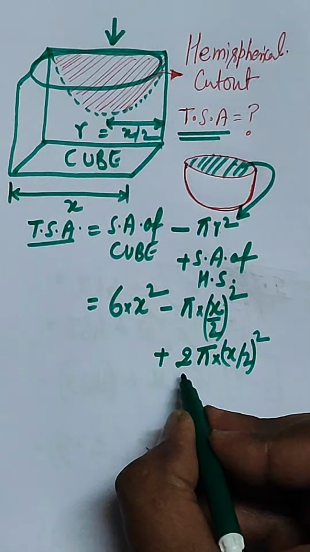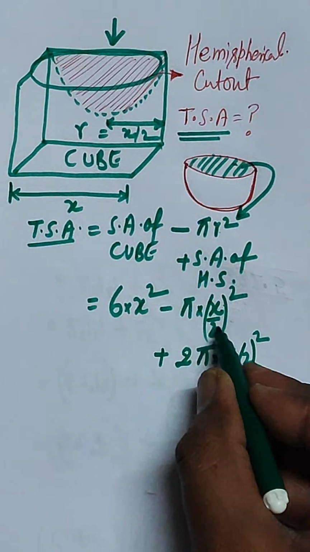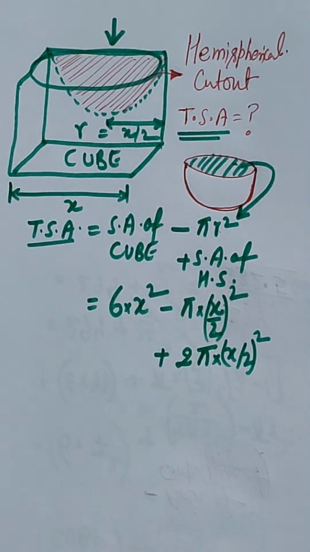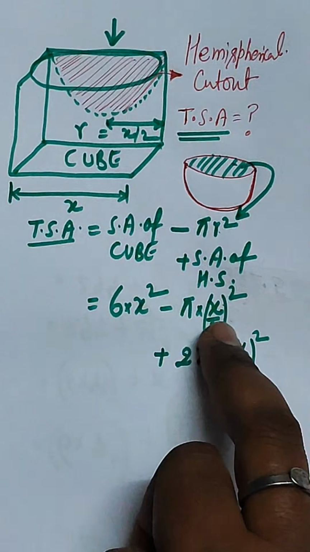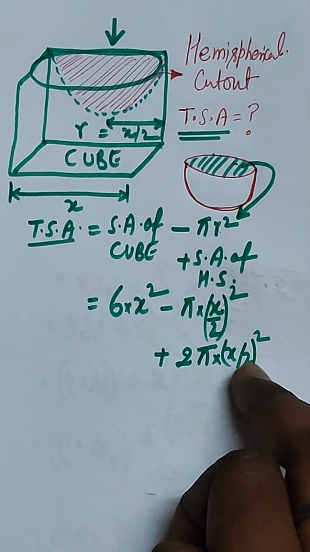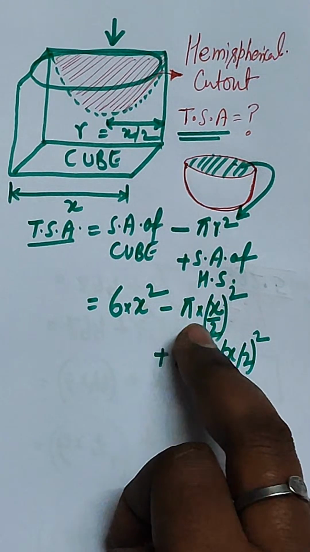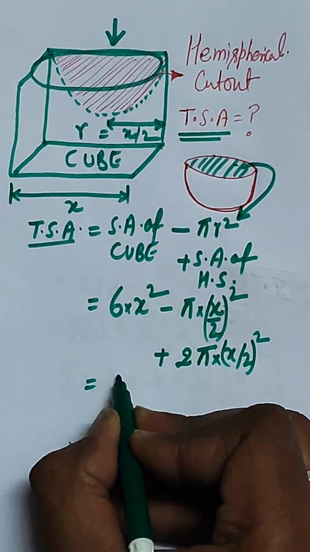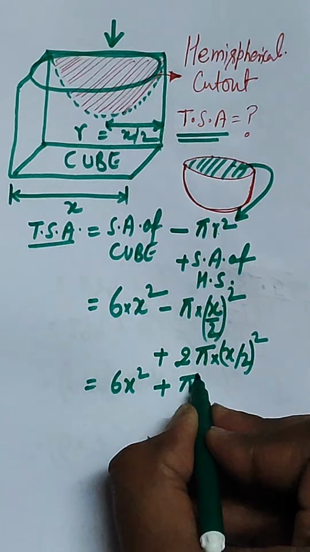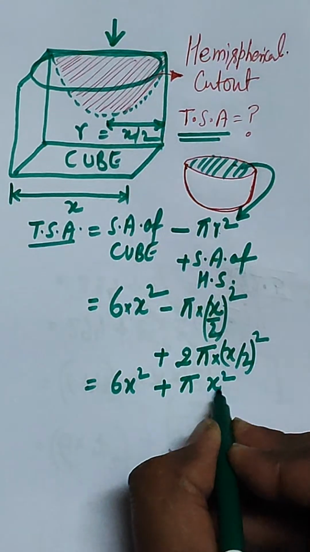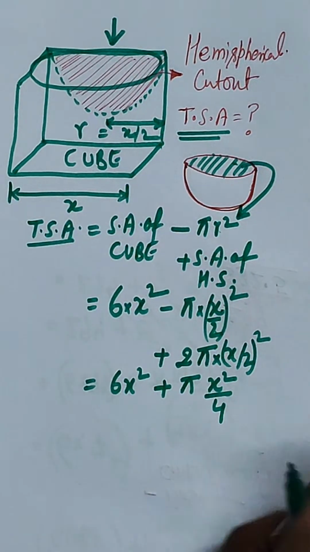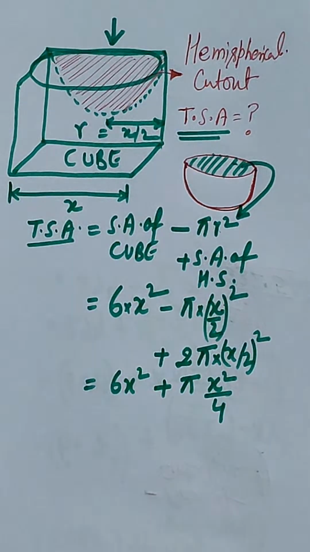Now here 2 pi r square minus pi r square, so only pi r square is left. So this will be equal to 6x square plus pi x square by 4.